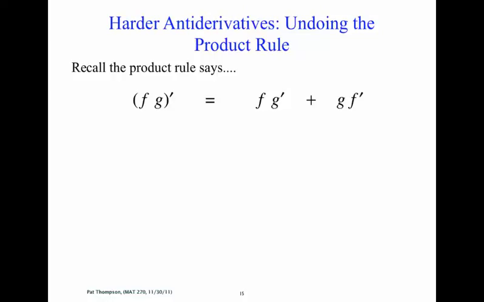And so antiderivative of the left side is just f times g, right? You're back to the original function f times g. And then we have antiderivative of f g prime dx plus the integral of g f prime dx.